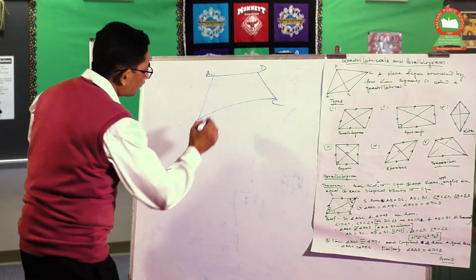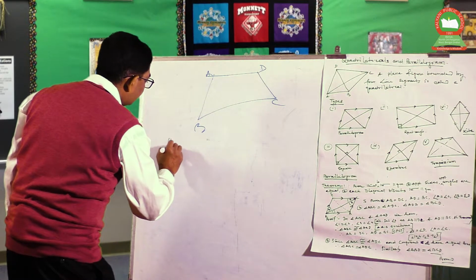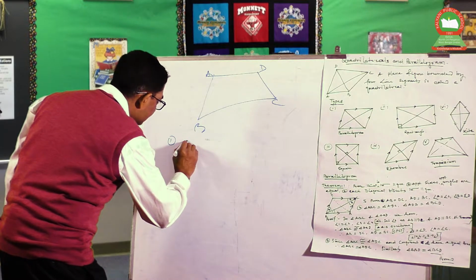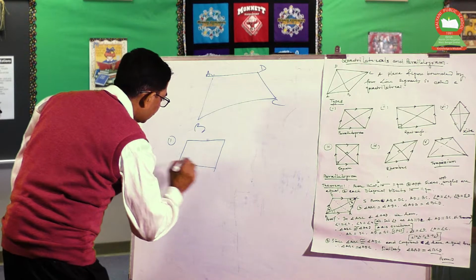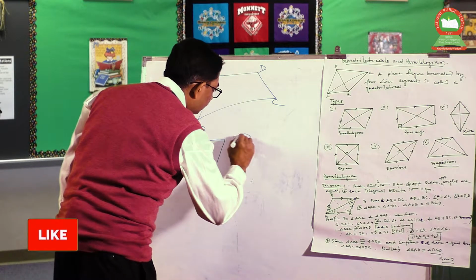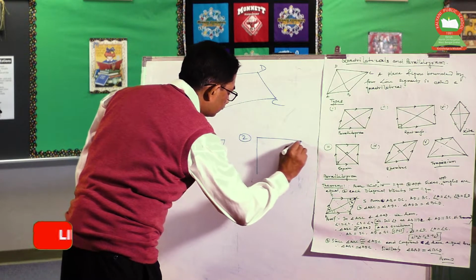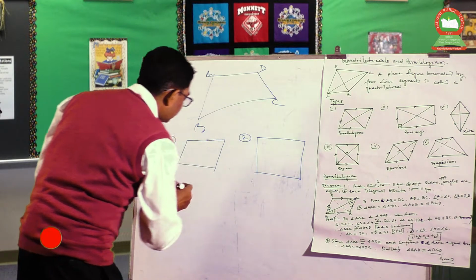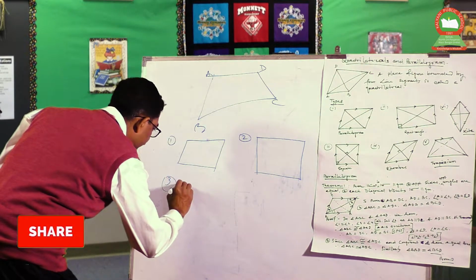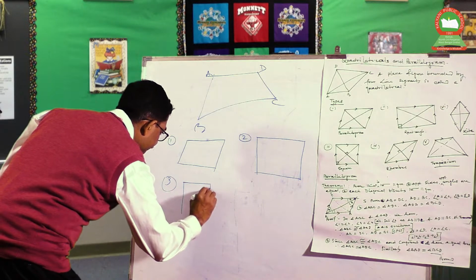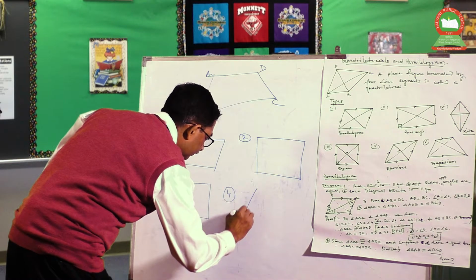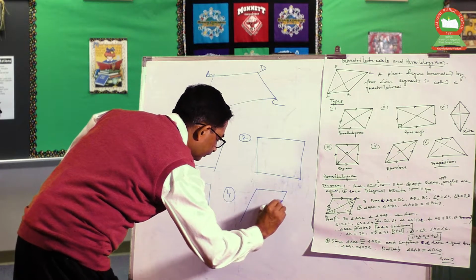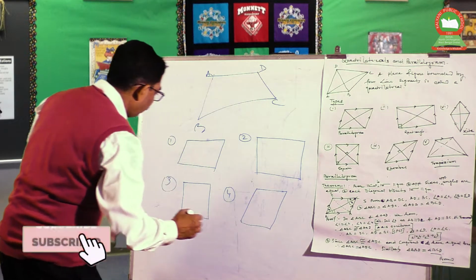Number one is, suppose this can be drawn in this way, or maybe this one, or maybe this one, or there are so many.